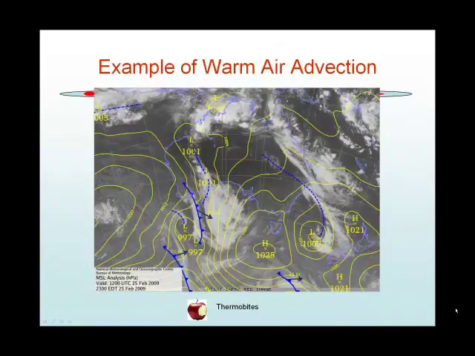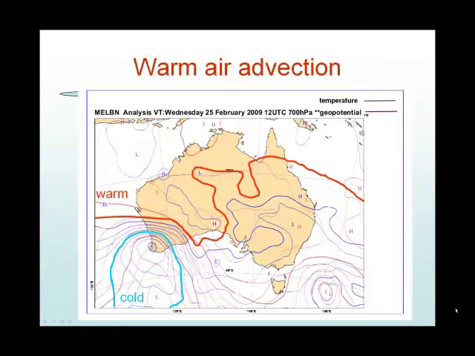If we look at this infrared satellite image, you'll see a couple of cold fronts and some cloud bands associated with those. So that's the large regions of sheet-like looking cloud. There's one associated with the front that's passed through Perth and another one associated with the front that's in the Tasman Sea.